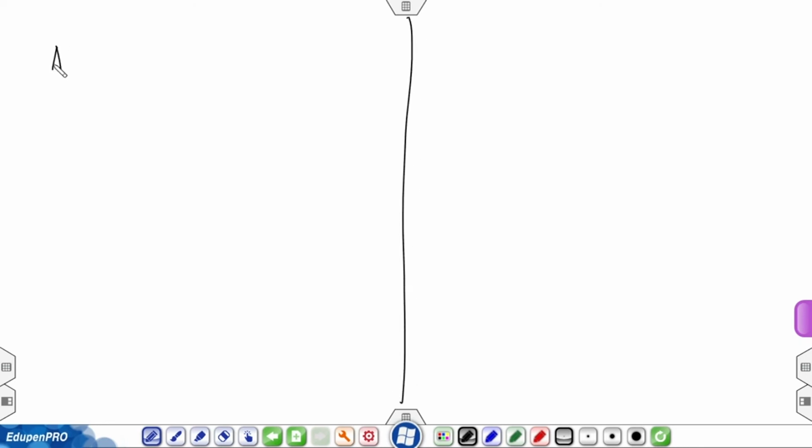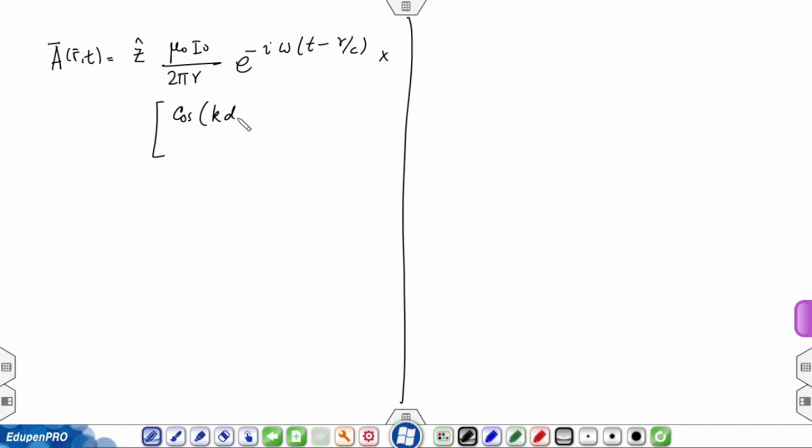So, we found that A(r,t) is equal to z mu 0 I 0 over 2 pi r e raised to minus i omega (t minus r over c) times cosine of (k d cosine theta) minus cosine of (k d) divided by k sine square theta.